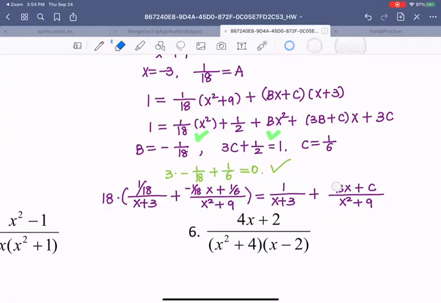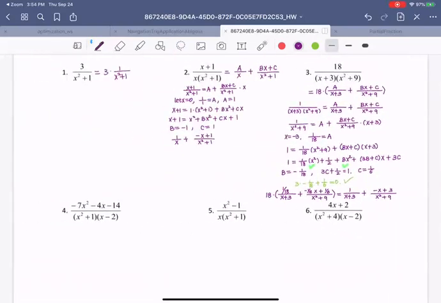B is negative 1. C is positive 3. Makes sense to you? All right. Now we finish this already.